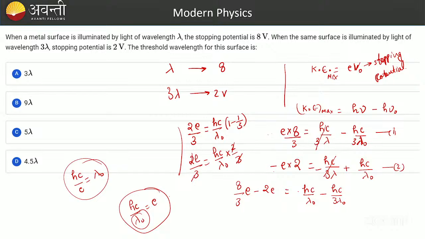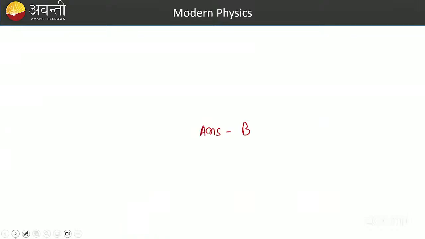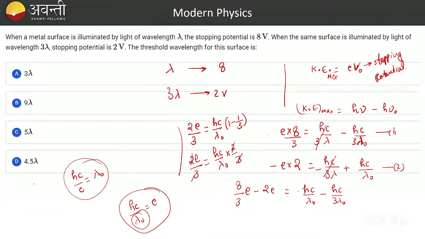Now, it is asking in terms of lambda. So in terms of lambda, how can we write it? Look, lambda here is, just a second, we can solve it here. Just give me 2 minutes.